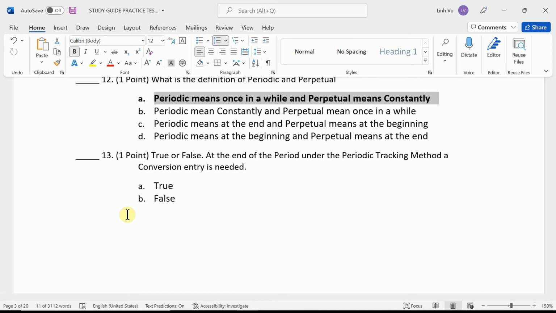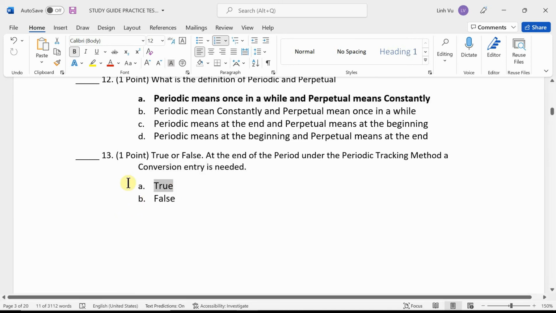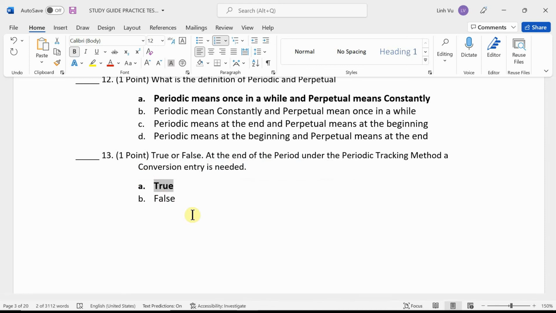True. When we finish our inventory worksheet, we must complete the conversion entry, from expense into inventory and cost of goods sold. So yes, under periodic inventory.